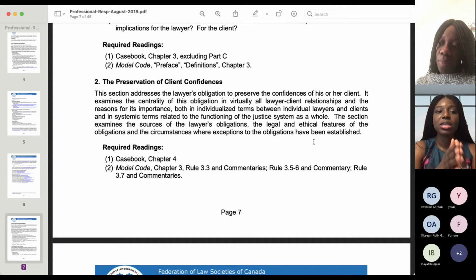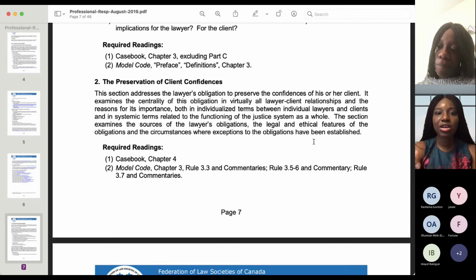a cure, right? So even when you're writing your NCA exams and you're talking about concepts, you say, okay, what they're talking about right now is formation of a contract, or what they're talking about right now is client confidences. Okay, in the scenario they've given me, is there any breach? Oh yes, there's a breach. When you're doing your analysis, you're not just giving them the information about that concept.